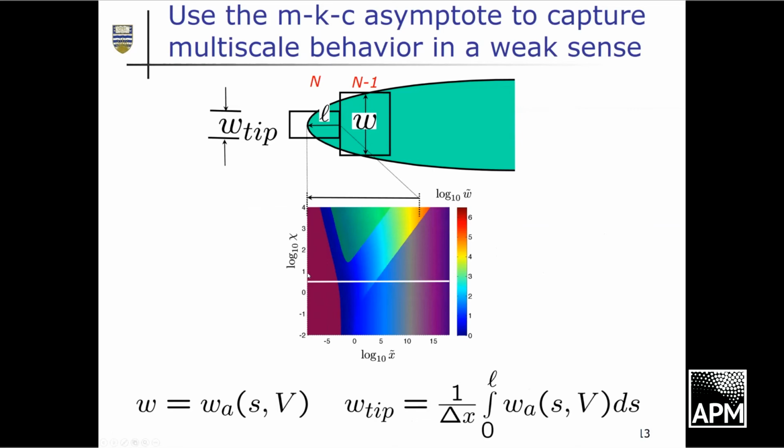Well, we could just take Jaeger's plot there, and basically we map this piece of the tip onto this region in this dimensionless space, or this X space, and you integrate all of this, and so you're including all this multi-scale tip asymptotics, but in what we call a weak sense.